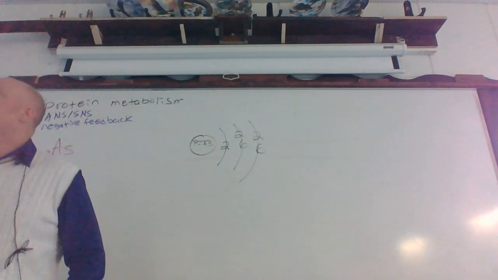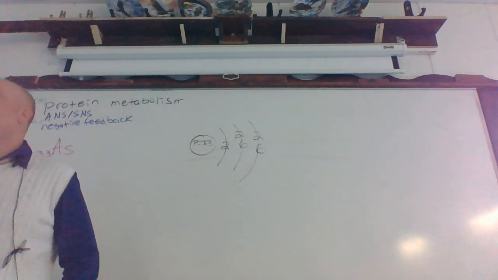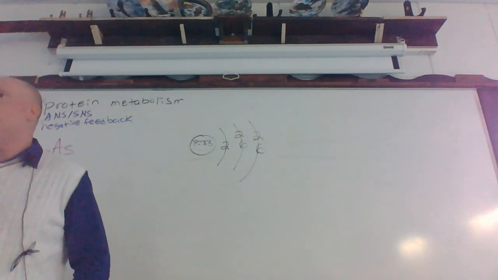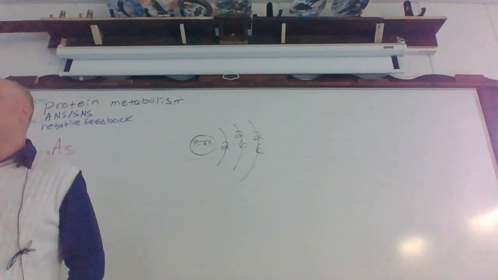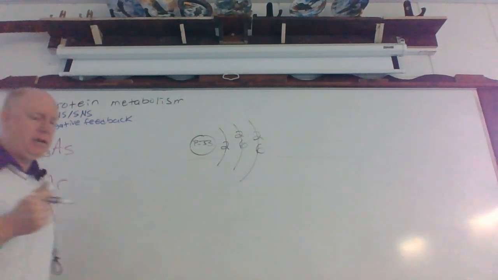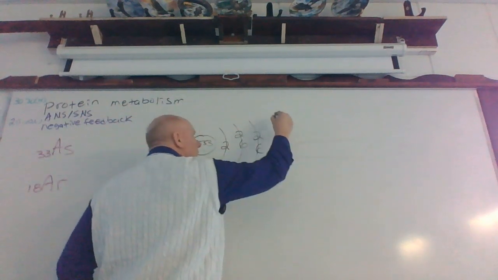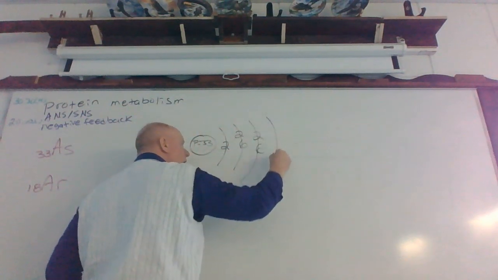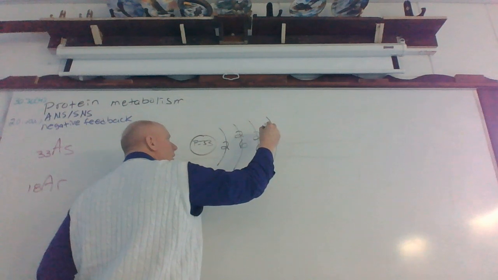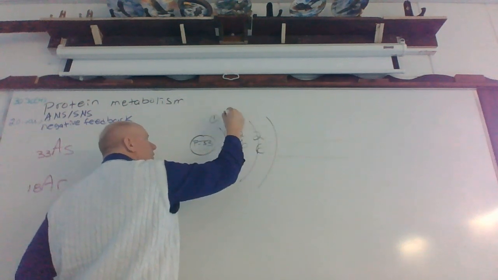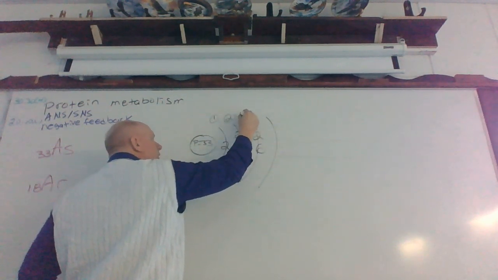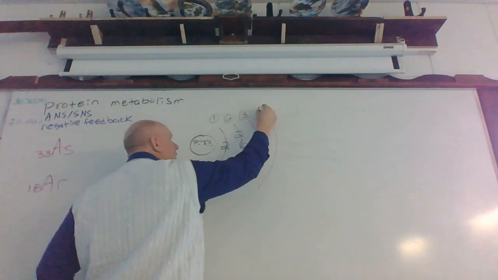You're correct. You're right. Why are you right? Correct. Okay? What that means is this energy level actually fills up first. And remember, this is the 1st, 2nd, 3rd, 4th.